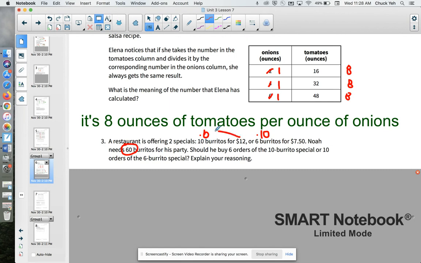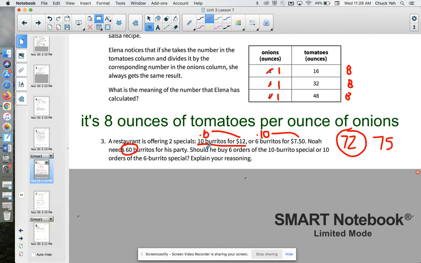So then you would multiply 6 times 12, and that's 72. You multiply 10 times 7.50, and then you get 75. So now which one is the better deal? This one, right? This is the better deal: 10 burritos for 12.